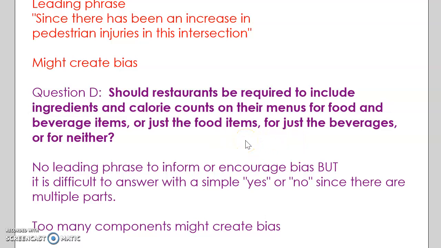Should restaurants be required to include ingredients and calorie counts on their menus for food items or just for beverage items or for both or neither? The way someone might respond to such a question could maybe lead to some biases. But ultimately, is the way question D is phrased biased in any way? No, it's not.